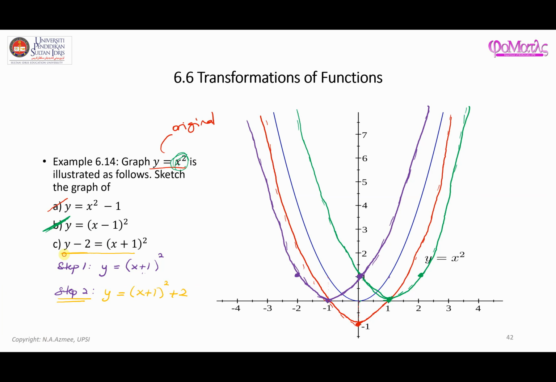I'm going to use another color for that one. That means I'm going to move this purple colored graph 2 units up. So if this is at point -1, 0, it's going upwards at this point.